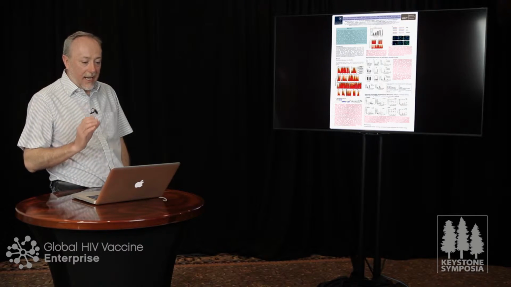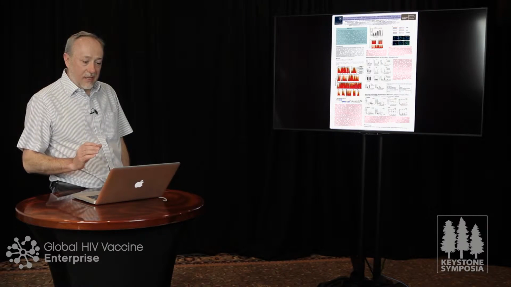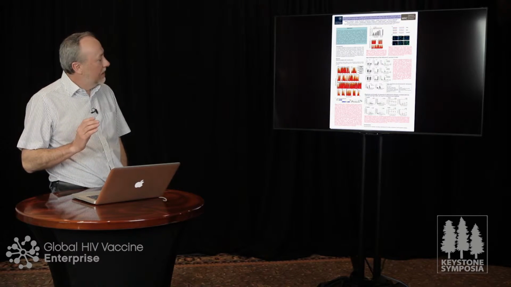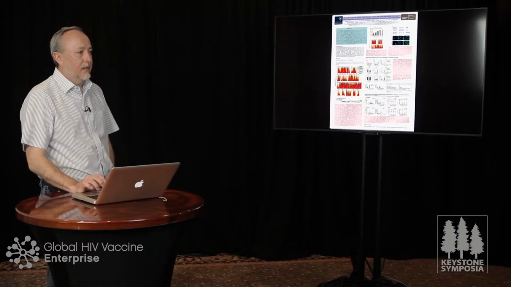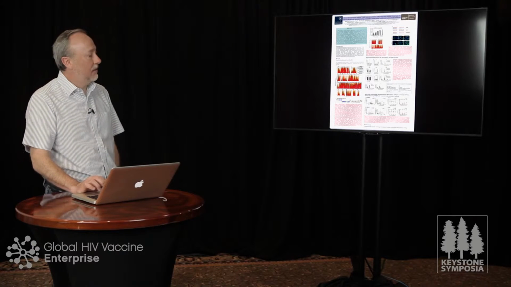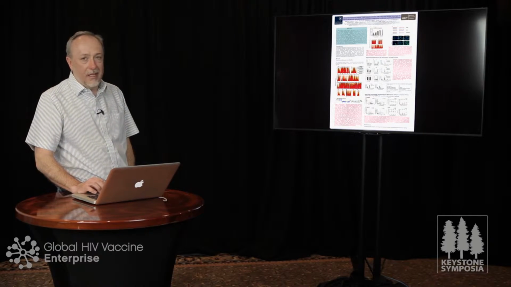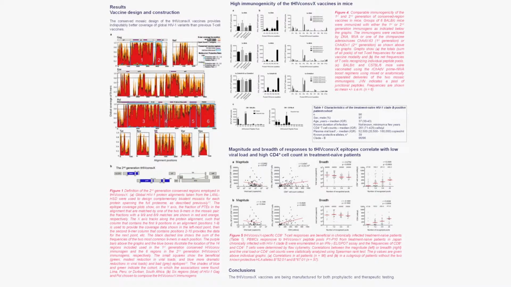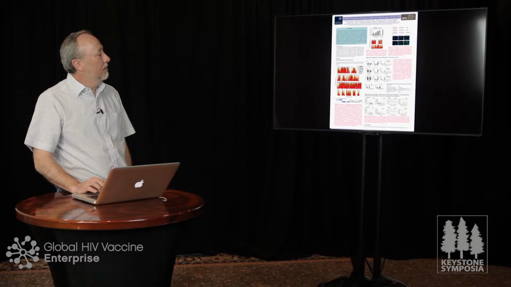But we are enhancing the efficacy of these responses in three different ways. The first way is that instead of a consensus clade sequence, we have calculated a bivalent mosaic. The bivalent mosaic increases the perfect match to global HIV variants for potential T-cell 9-mer epitopes.